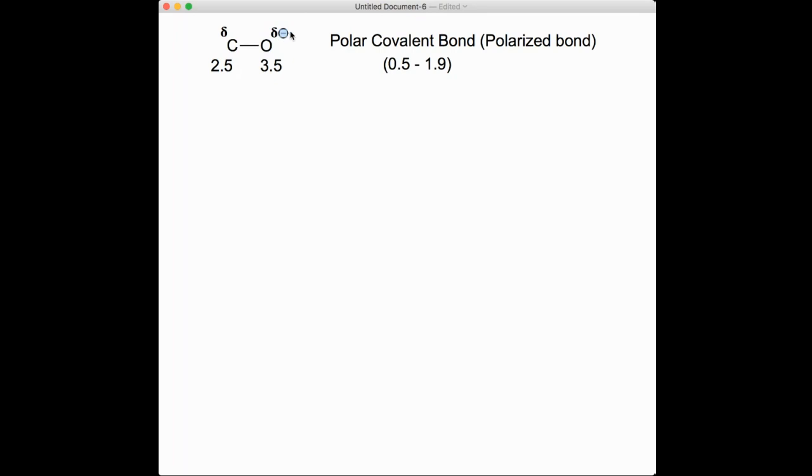That's giving the oxygen an excess of electron density, right? And an electron deficiency in the carbon, because once again, the bond is polarized toward the oxygen, okay?